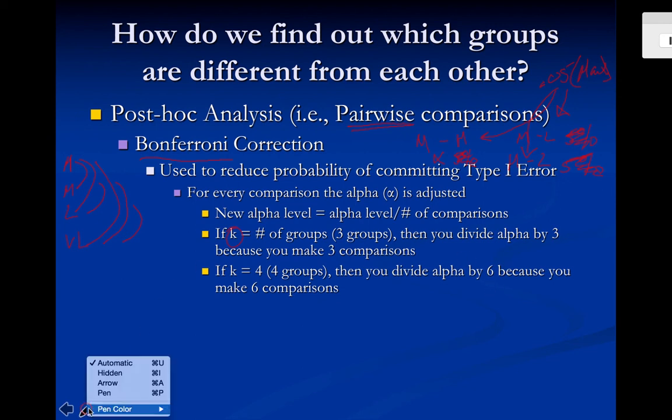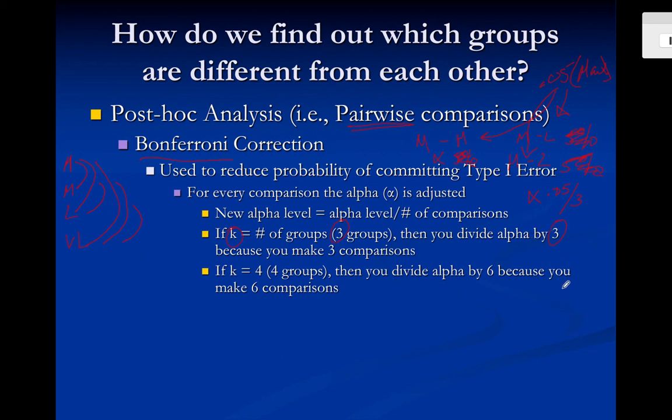So here, we need to create a new alpha level. It starts at 0.05, because that's the maximum that I've set, and we divide by 3 because that's the number of comparisons I had with 3 groups: high to moderate, high to low, and moderate to low.